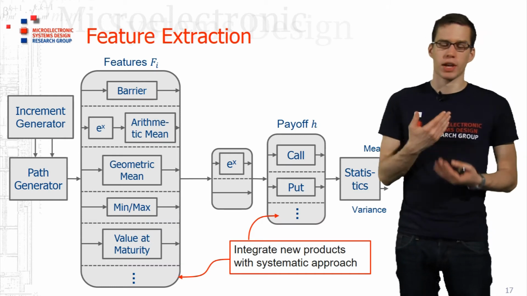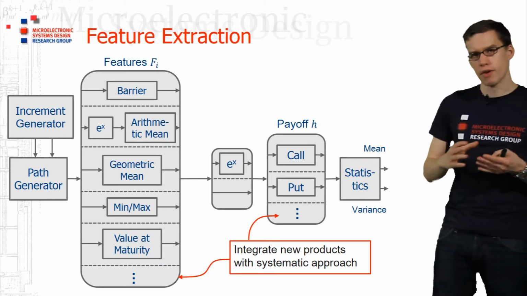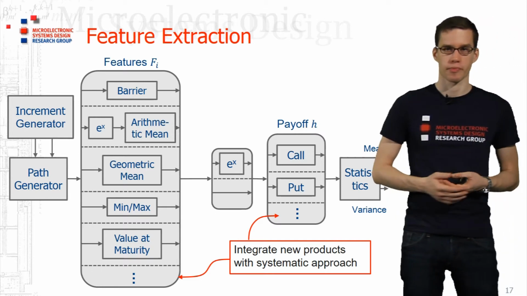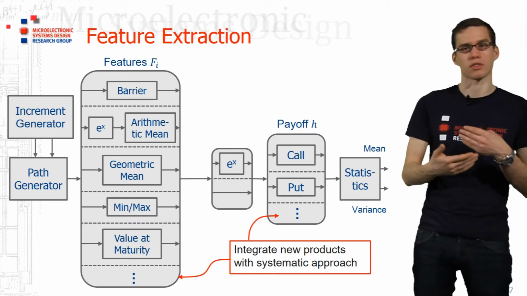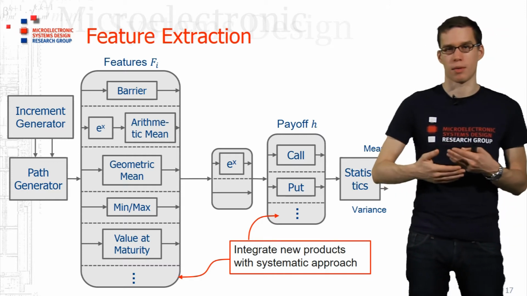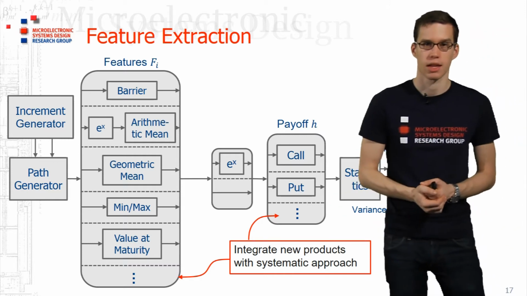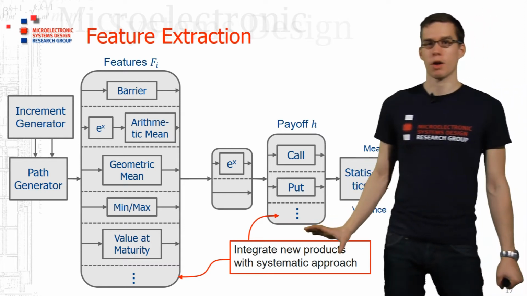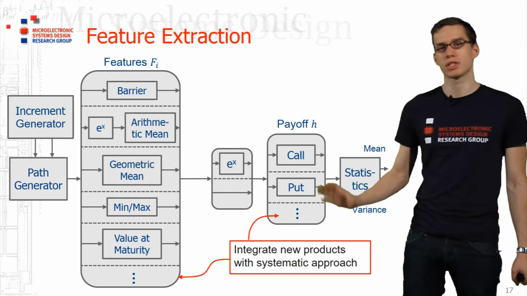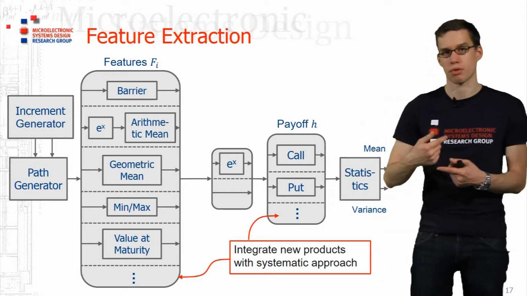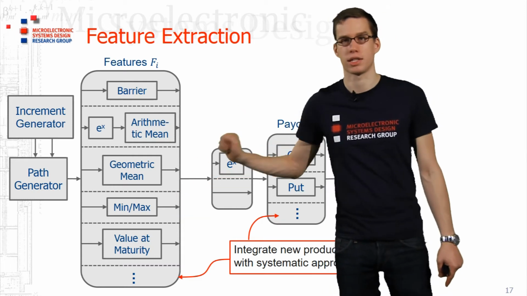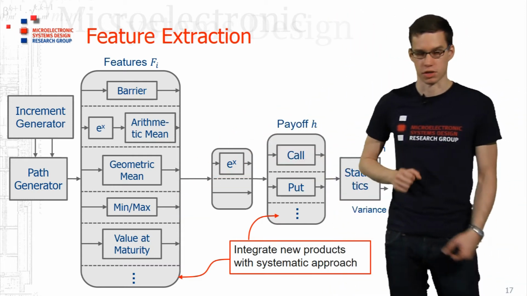And financial practitioners are very, very elaborate in inventing new options to model different kinds of trades they want to do and model different kinds of risks. And for that, our practitioners can now use this systematic feature extraction process and find new features and put them into our architecture here and create new payoff functions here.